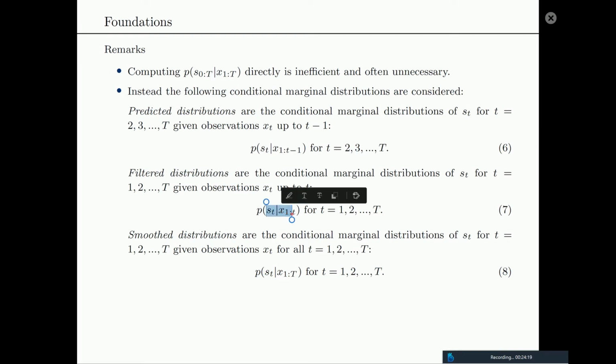Again, with our satellite example, this would be, you have your observations in your computer up to time 10, and you want to know what your best guess is about the true location of the satellite at time 10. The smoothing would be after you actually did some online tracking.